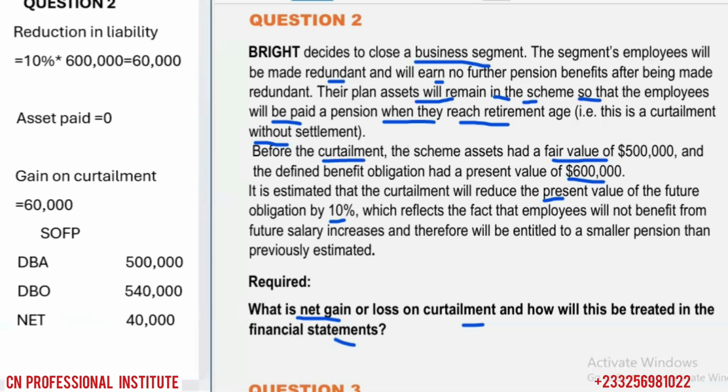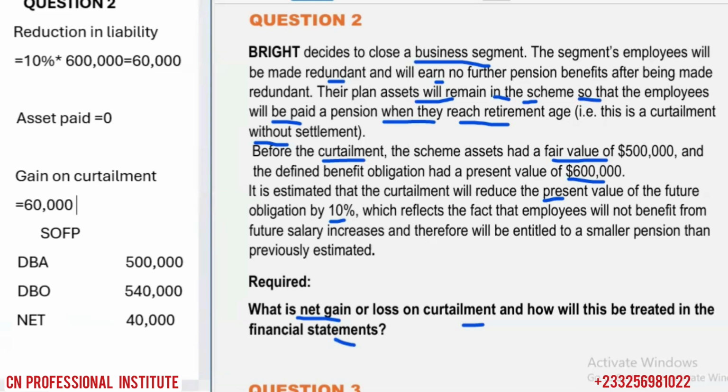So you record the net liability of 40 as your non-current liability. So if you are doing the extract, this gain of 60,000 should be deducted from the past service cost or the service cost. So it means that we credit P&L, because we said that has to reduce the expense, and we debit the liability. So that will be the entry for the 60,000.